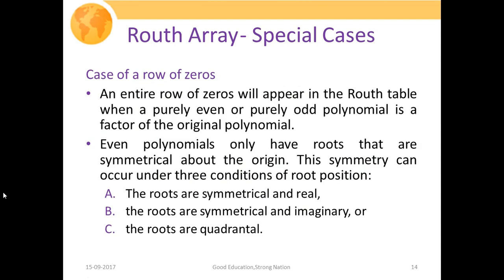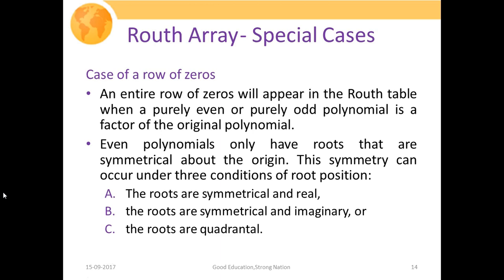An entire row of zeros will appear in the Routh table when a purely even or purely odd polynomial is a factor of the original polynomial. This has to be noted very carefully: if, while creating the Routh table, an entire row becomes 0, it indicates that a pure even or pure odd polynomial is a factor of the original polynomial.